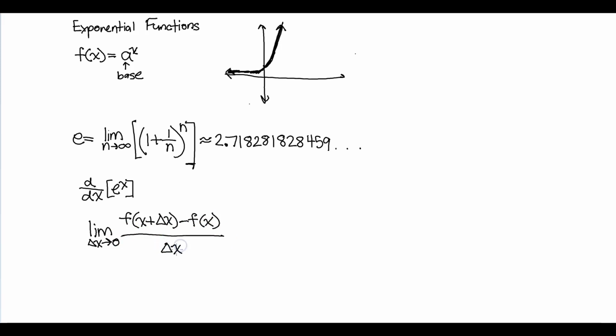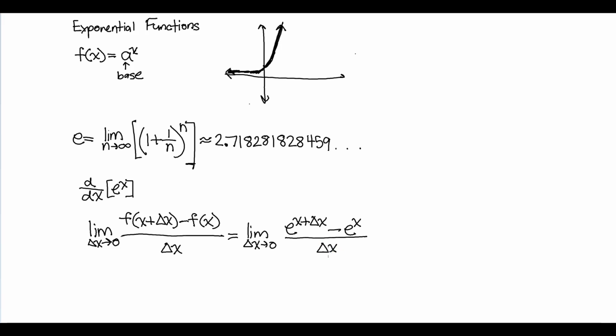Remember when we first started derivatives, this was how we would find it. And we're going to apply it to e to the x. So we're trying to find the limit as delta x approaches 0 of e to the x plus delta x minus e to the x, all over delta x.